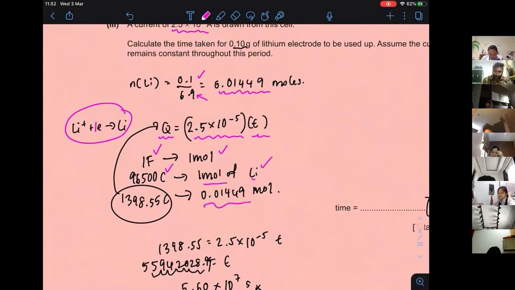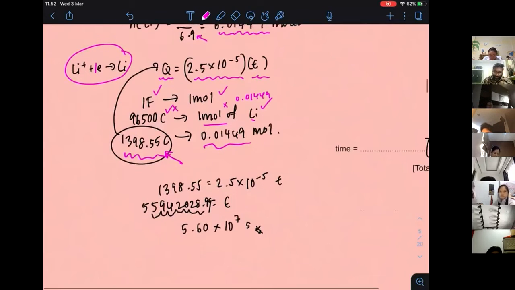So what I do is I just need to times this by 0.01449, and this one you also times with 0.01449, and you will get the charge, which is going to be this value.